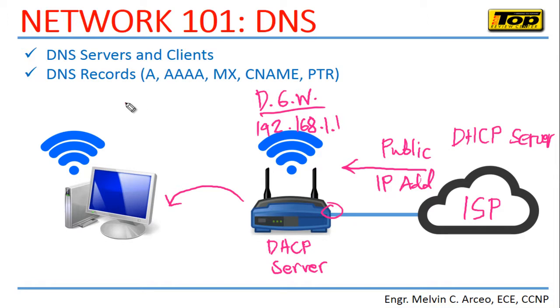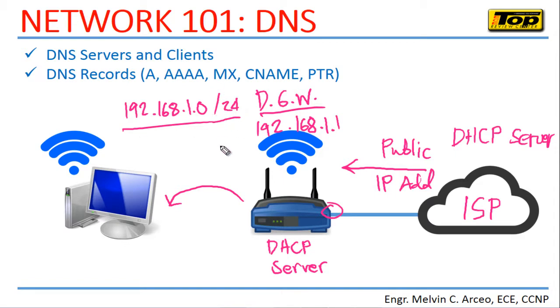And syempre, ang ipapamigay nito na IP address will be belonging to the 192.168.1.0 network/24 yan. If you don't know this yet, don't worry, we will get into that in the next videos to come.